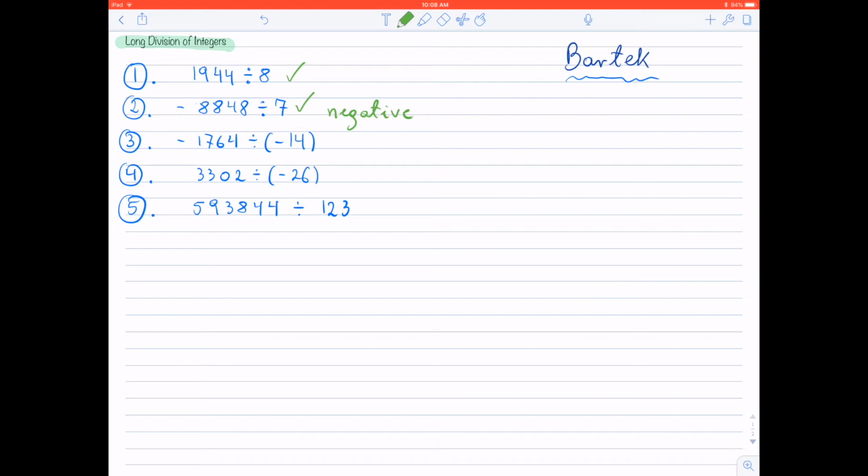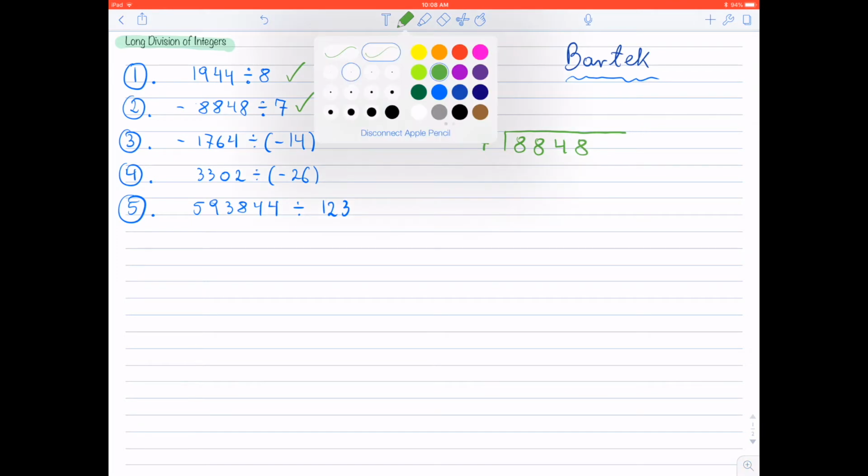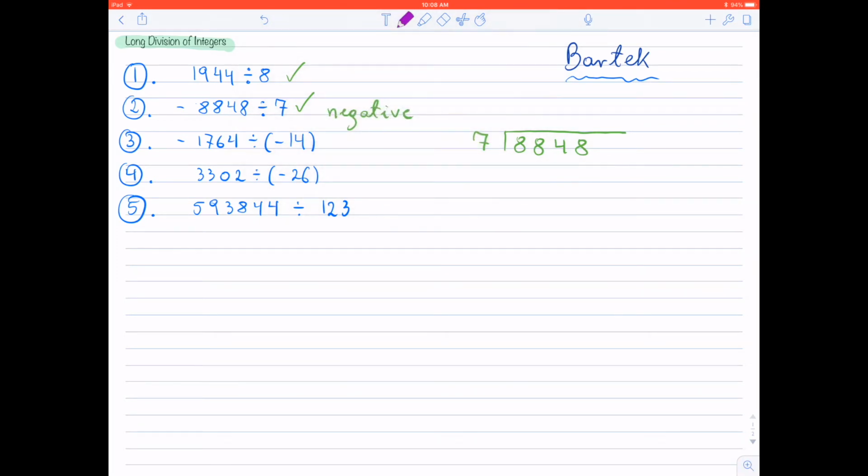But in terms of the division, the actual negative does nothing for us. We don't even need to write it. We just have to remember that our answer will be negative. So we have 8,848, and now we can go ahead and proceed with the actual division.